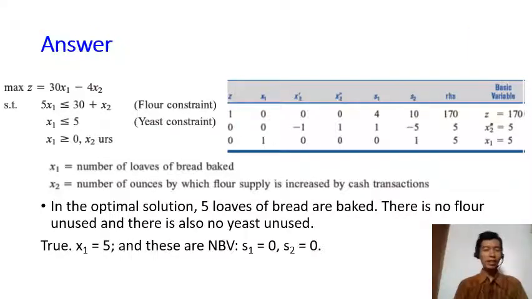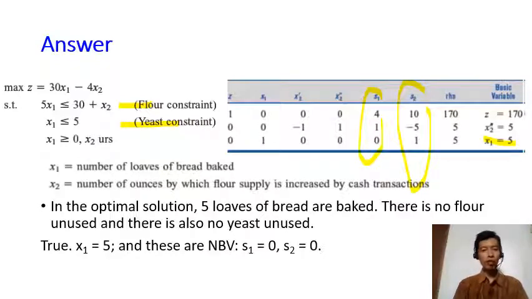The answer is true. So from the optimal solution, we see that x1 equals 5. It means that yes, we bake 5 loaves of bread. And then S1 and S2 are non-basic variables. It means that we do not have any unused flour. We do not have any unused yeast.